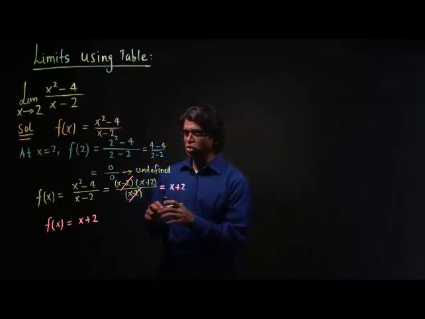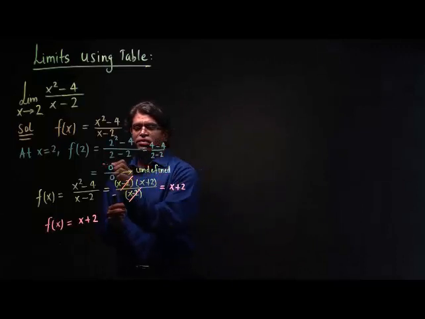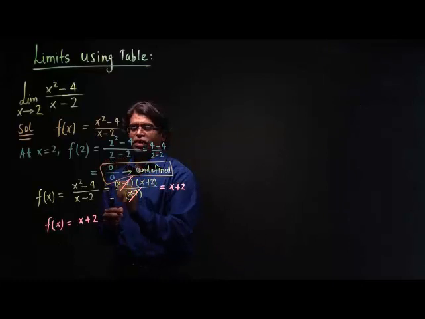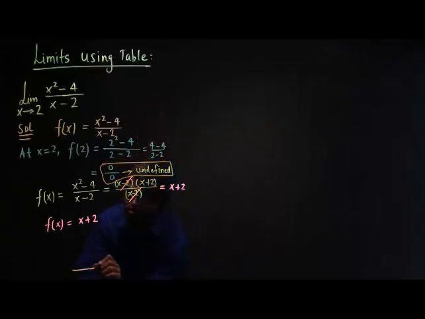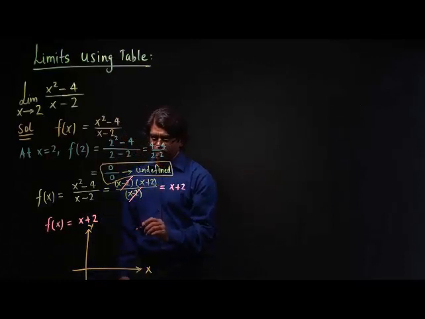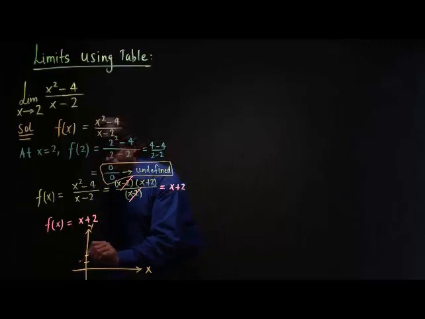To explain this undefined term for the function, I am going to graph the function. This is my x-axis and this is my y-axis. This is 1, 2, and then I graph the function.